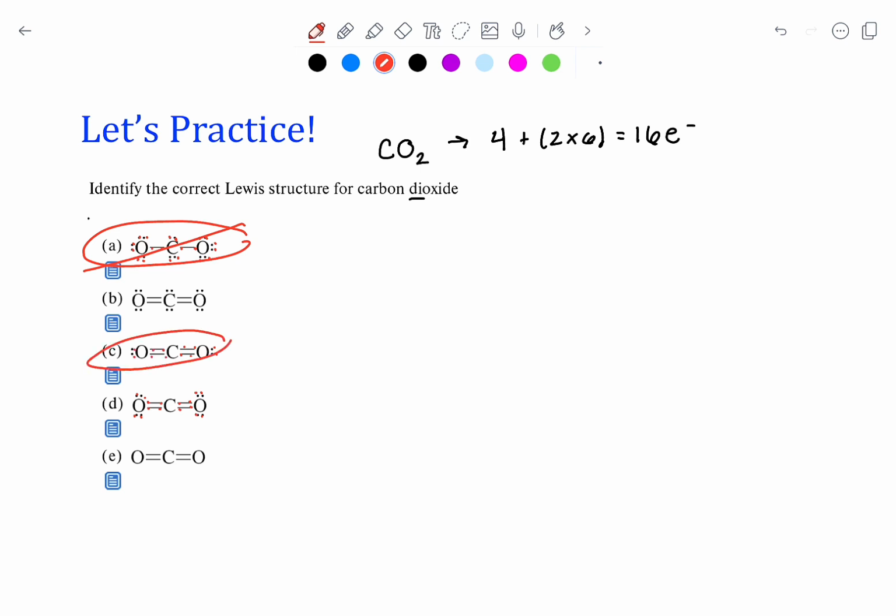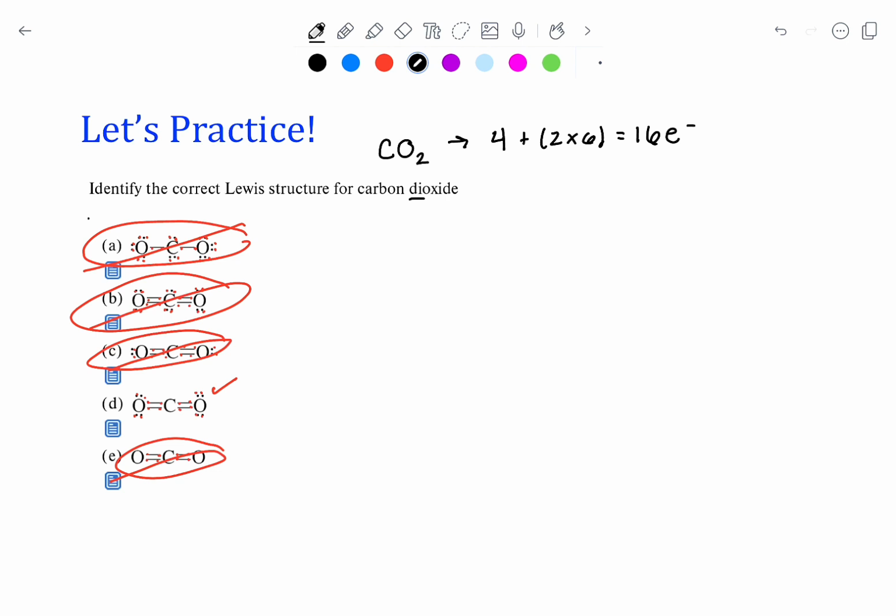That one does not have enough electrons. This one has 8. Not enough electrons. And this one has 20. Again, too many electrons. So this one had 16 electrons. Great, it's our only one left.